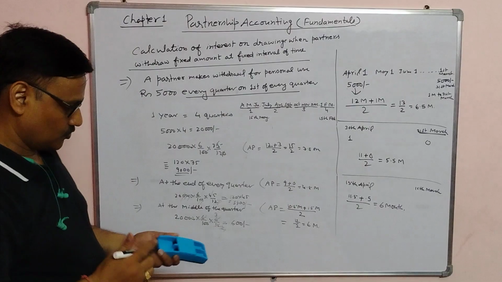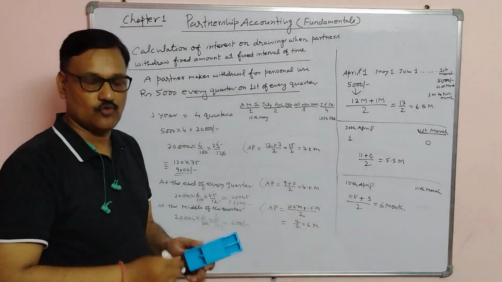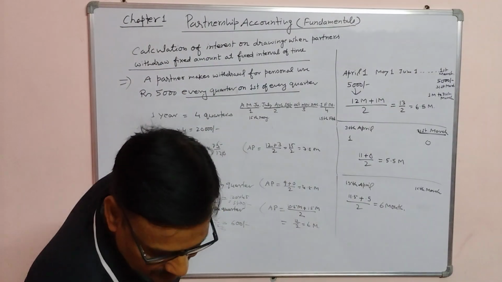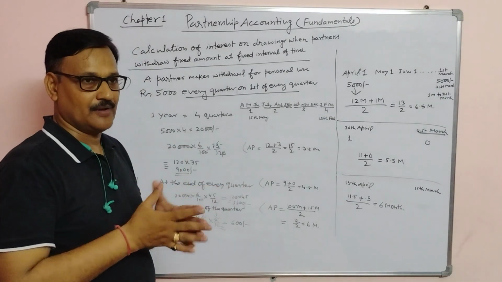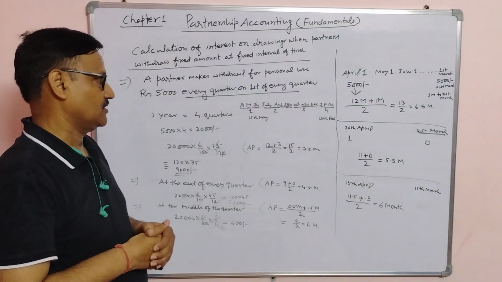So this is how we will calculate interest on drawing made by partners at fixed intervals of time and the amount is also fixed.